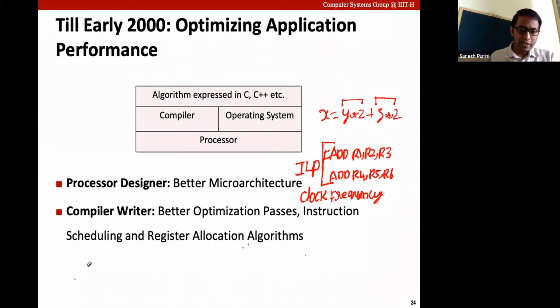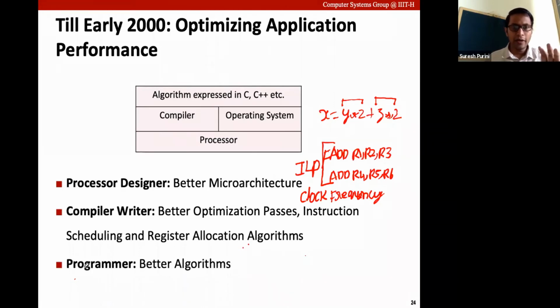And it is nice because you are still in that von Neumann execution model. So this is how programmers used to operate. This is how compiler writers used to operate, because of the nice abstraction, or nice execution model, that is given by the processor designer, and the processor designer kept working under the hood.